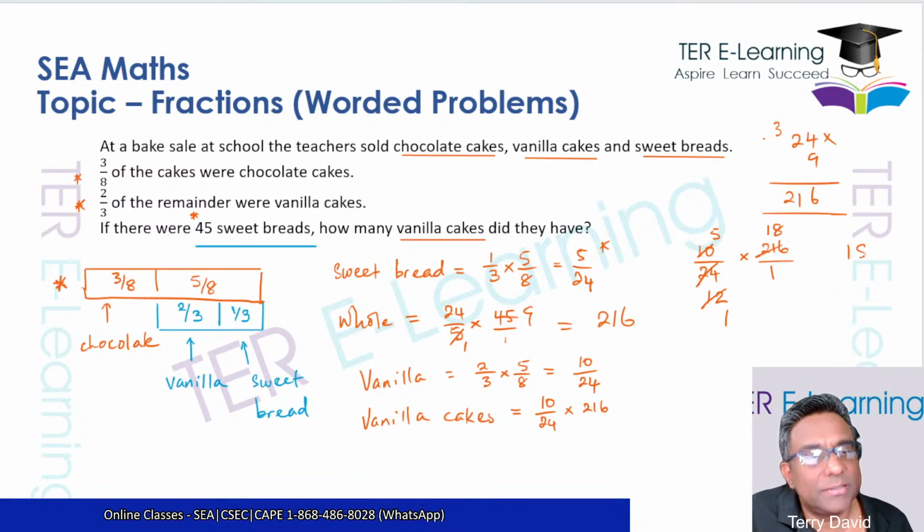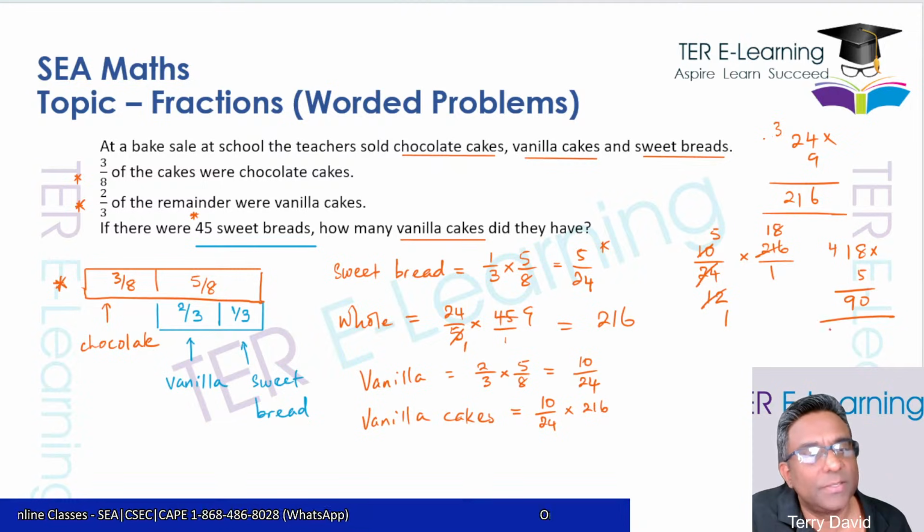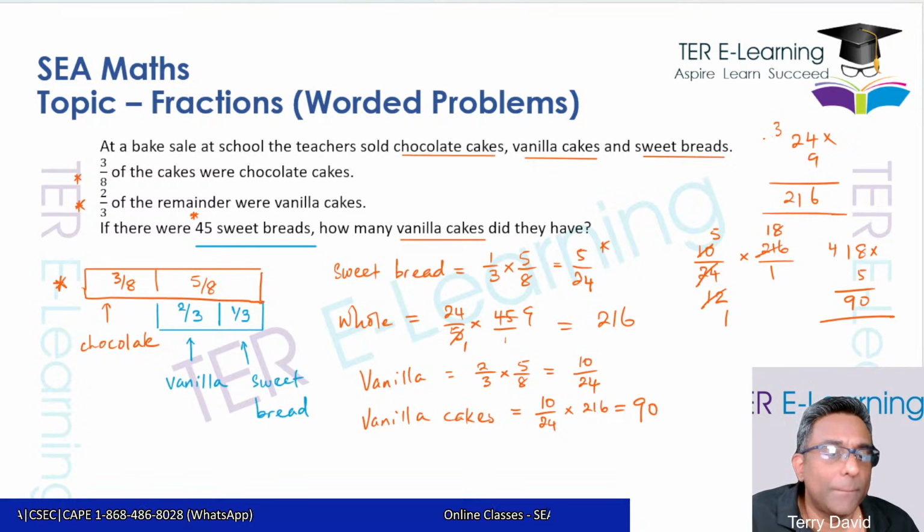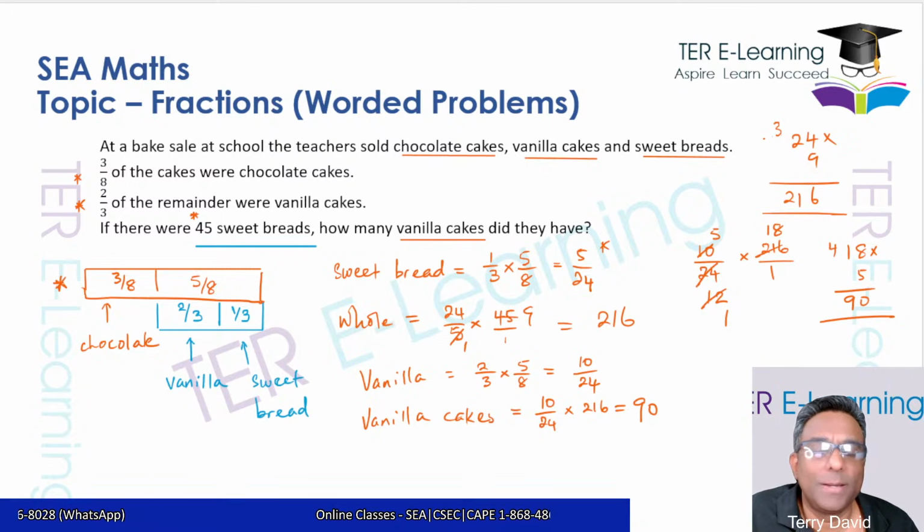So 18 multiplied by 5: 8 5s are 40, 1 5 is 5, and 4 is 9. So this works out to 90 vanilla cakes. Does that make sense?